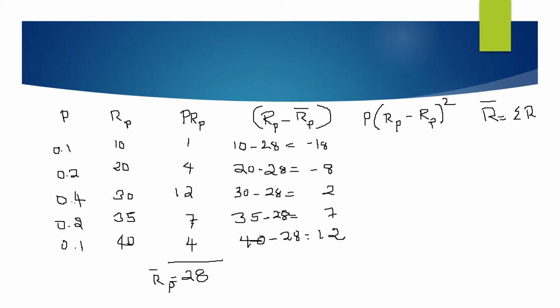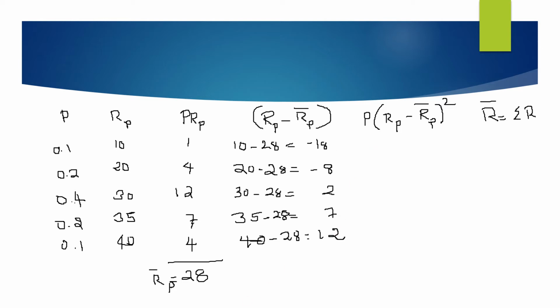With this we are going to find out the variance. We have to find the expected return as well as the standard deviation. So here it is P into (RP minus R bar P) the whole square. Whatever RP minus R bar P values you have got, these have to be squared.